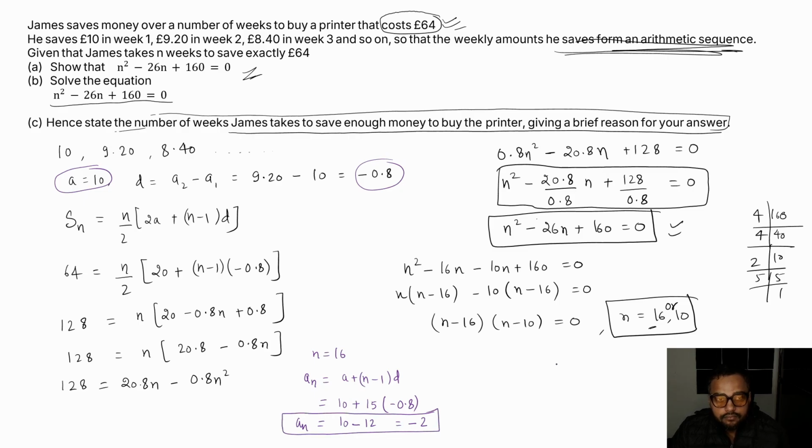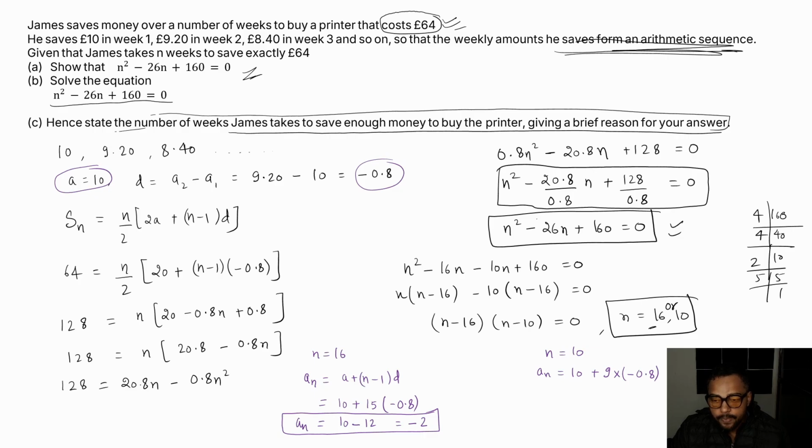Now let's take n equals 10 here, students. Again the same formula and same application: 10 plus, n is 10 so 9 times d, which is 0.8, so that is 10 minus 7.2.